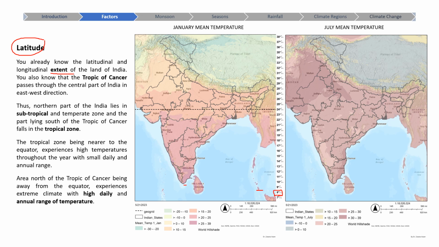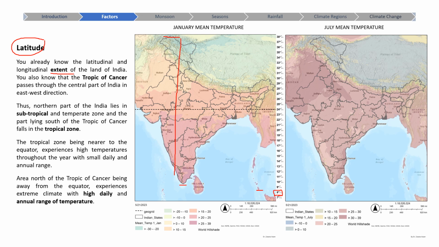But here this is 8.6 to here this is maybe around 37 degrees some minutes. So this is the extent of 30-degree latitudes here. How many latitudes are there? Extent is 30-degree latitude here.